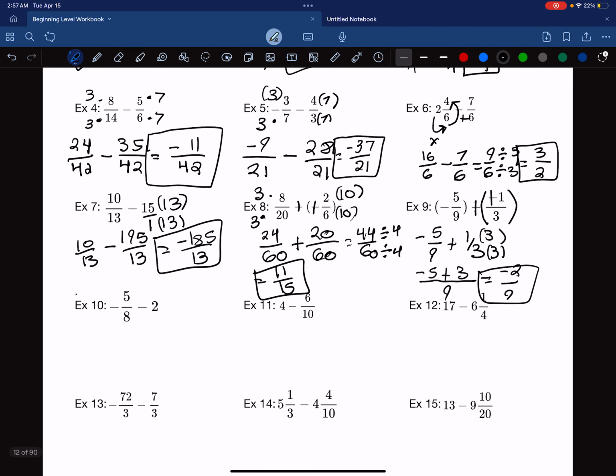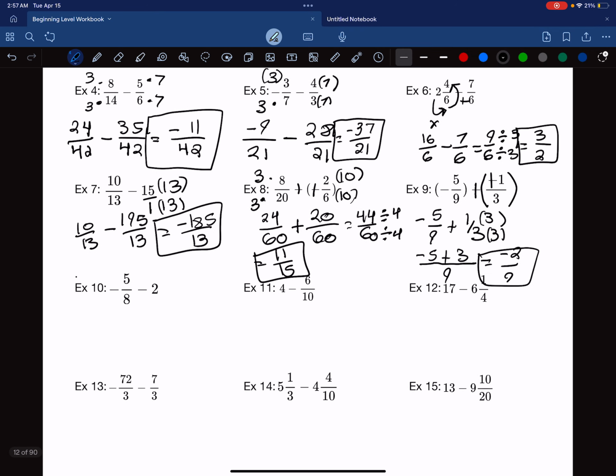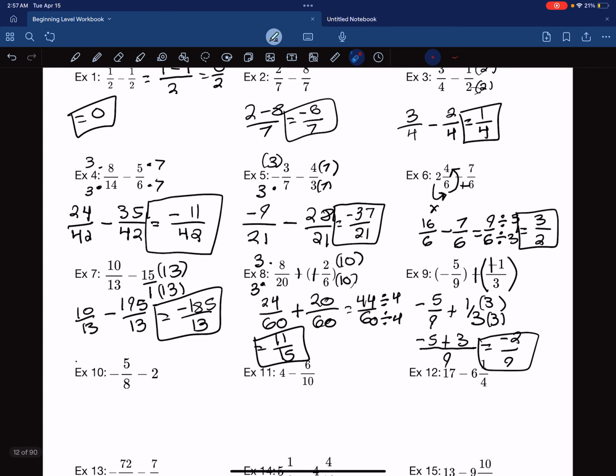Okay, so for the following examples, if you feel like you've got a hold on this, I encourage you to pause the video and work through all of these examples. In the next examples, I'm not going to talk a whole lot about all the details that I'm doing.